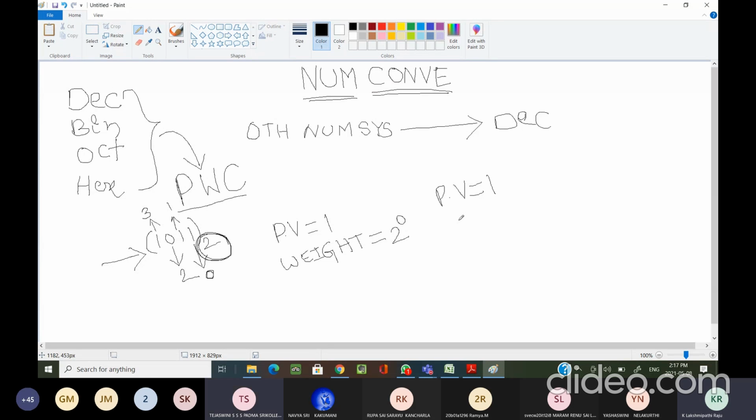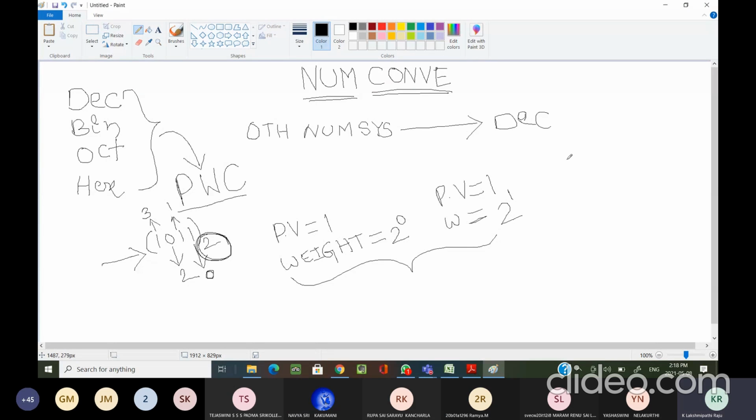These are simple things only. Now, what is the weight of the second bit? 2 power 1. Like that, I hope now you get some clarity.